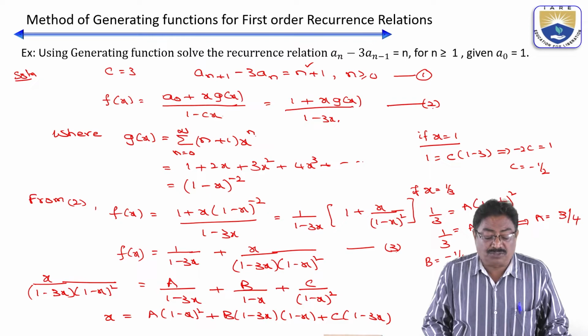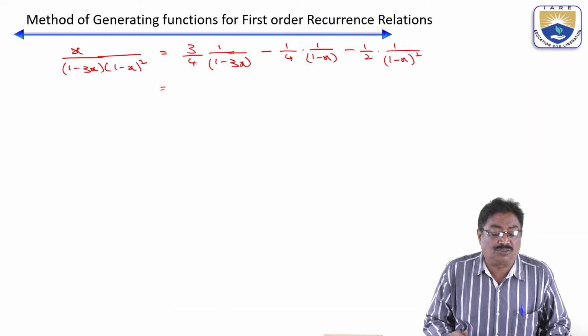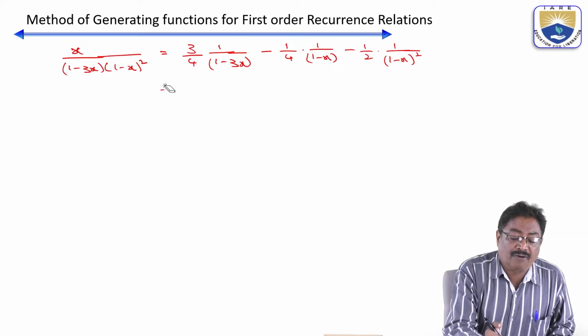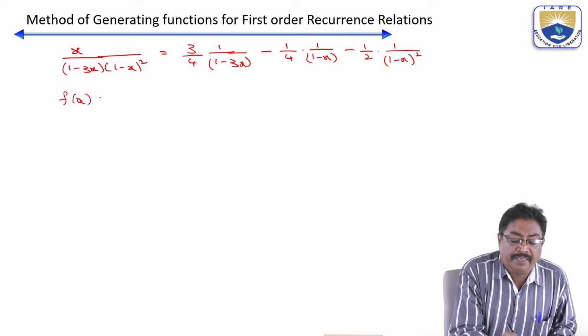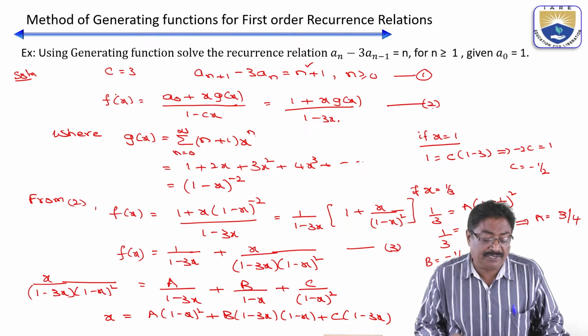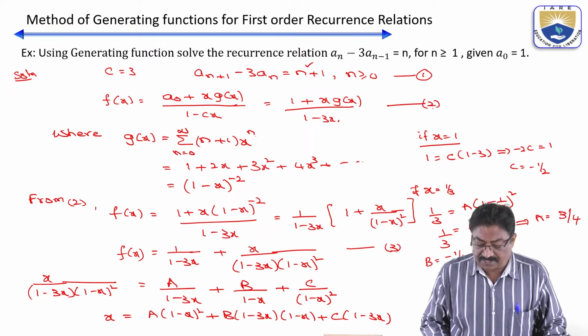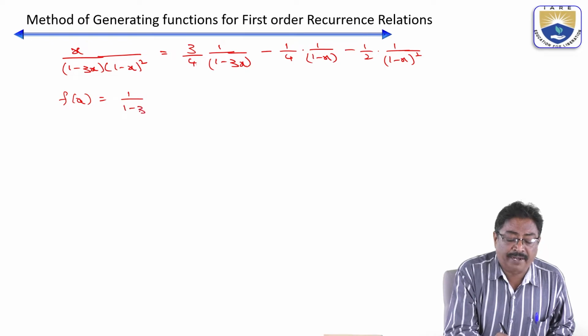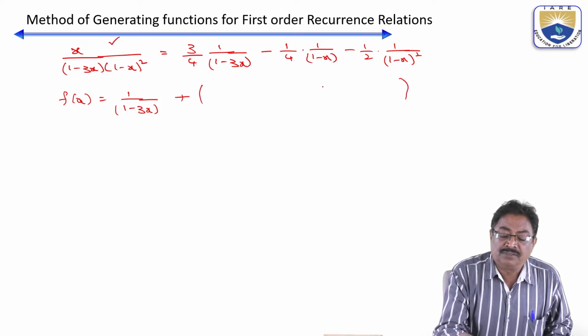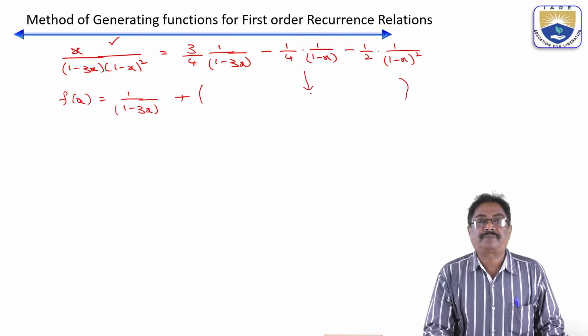So what is f of x? See here, f of x is equal to, from equation 3, 1 by 1 minus 3x, and next plus the whole term, same as it is.